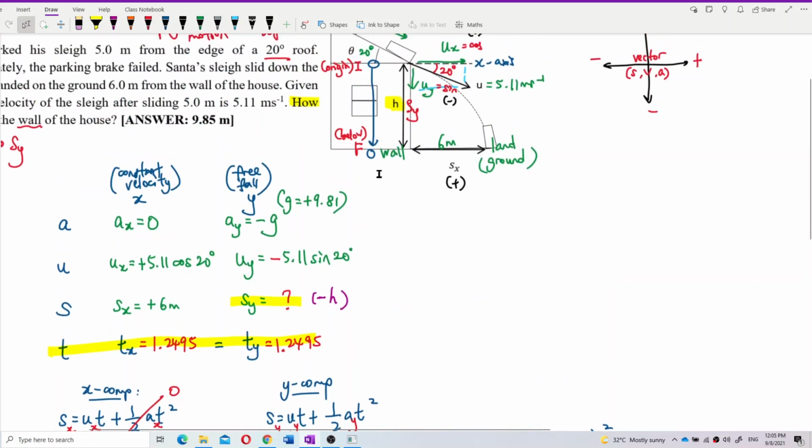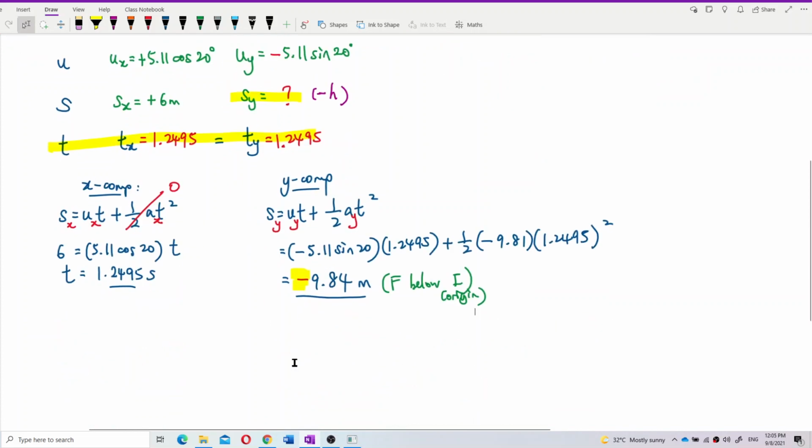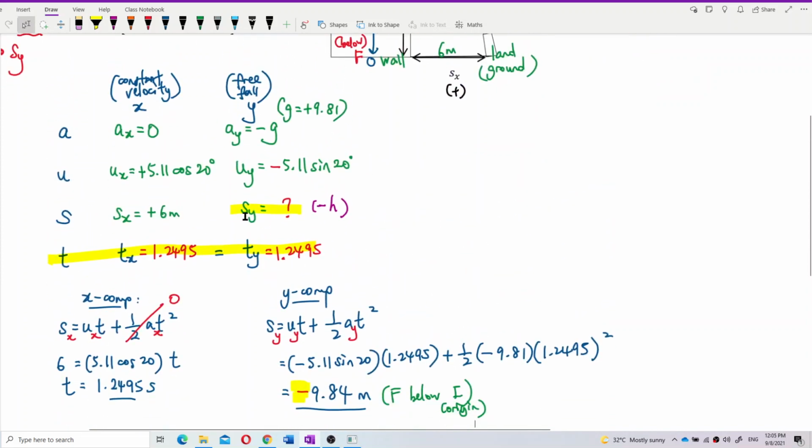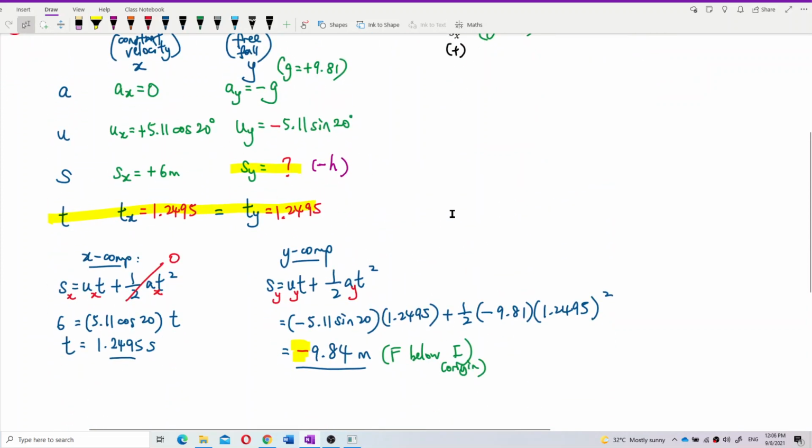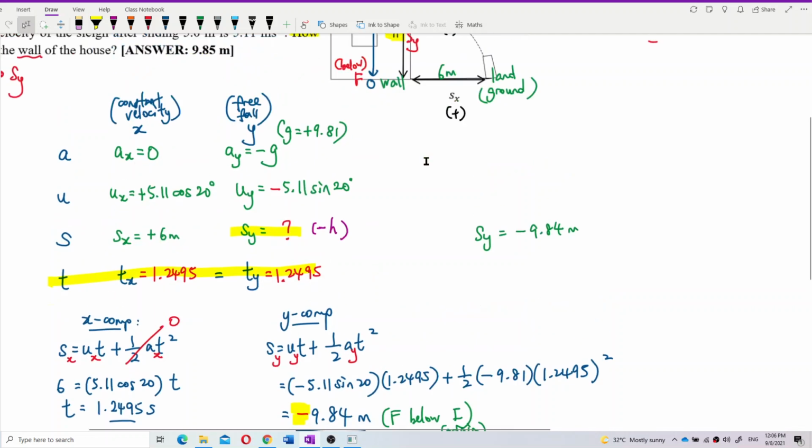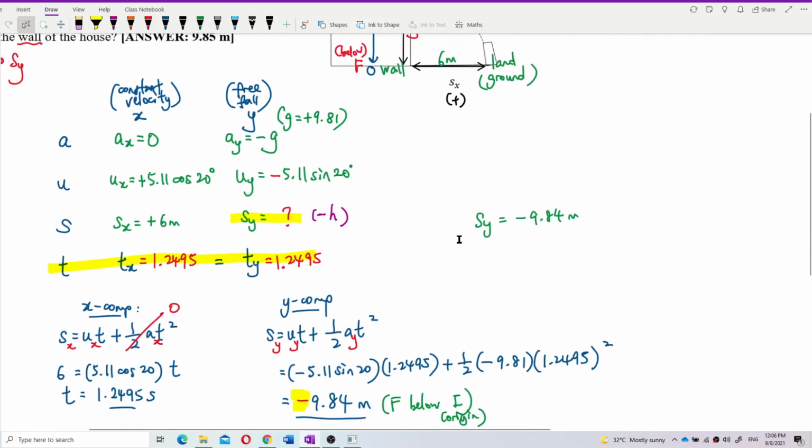Okay, so what's the height? The height don't put negative. Yeah, so we can say like this. Sy is equal to negative 9.84. The question, Sy is also negative h.